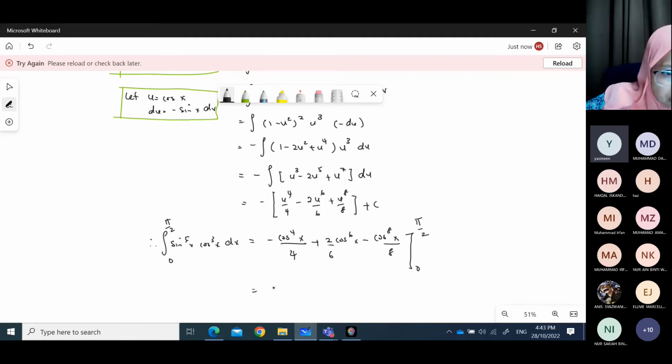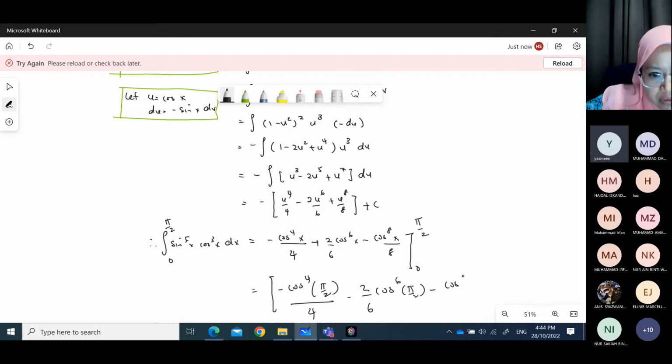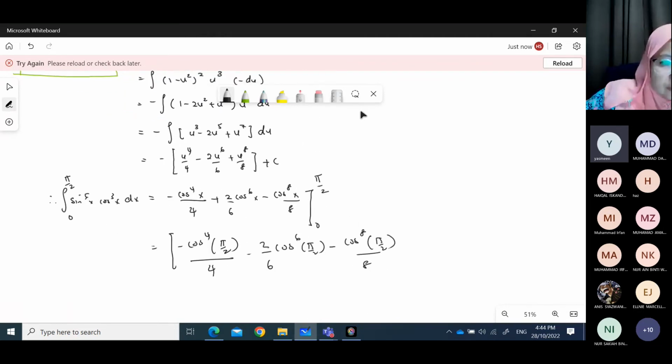So sama juga dengan negatif cosine to the power of 4 for pi over 2 over 4 minus 2 over 6 cosine to the power of 6 for pi over 2 and then minus cosine to the power of 8 for pi over 2 over 8. Okay. And then minus for x 0.